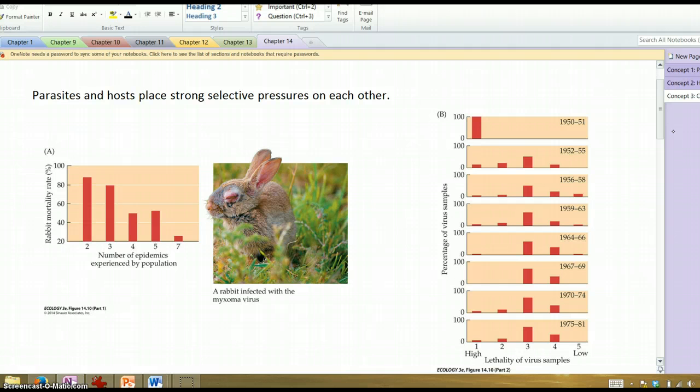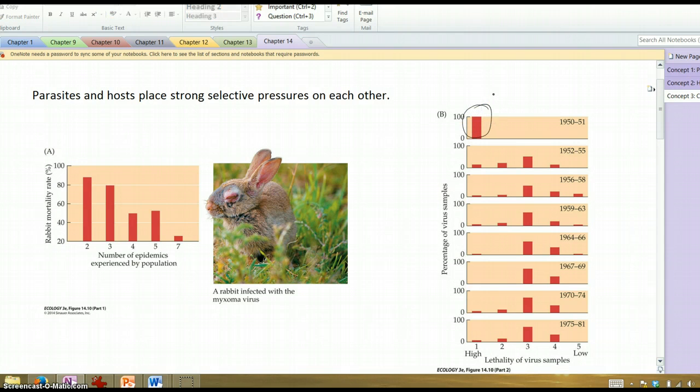Well, what about those few rabbits that did survive? They tended to be somewhat resistant to this virus, so that through time, after the initial exposure to this virus, the subsequent populations of rabbits were more and more resistant to the pathogen. And you can see that over here, the lethality of the virus. Early on, the virus was extremely lethal.